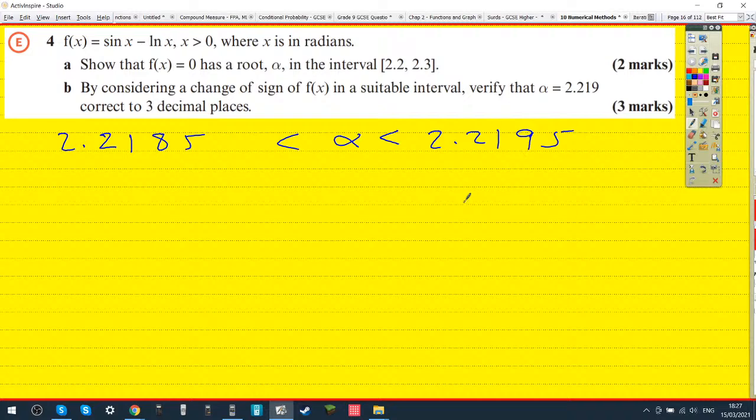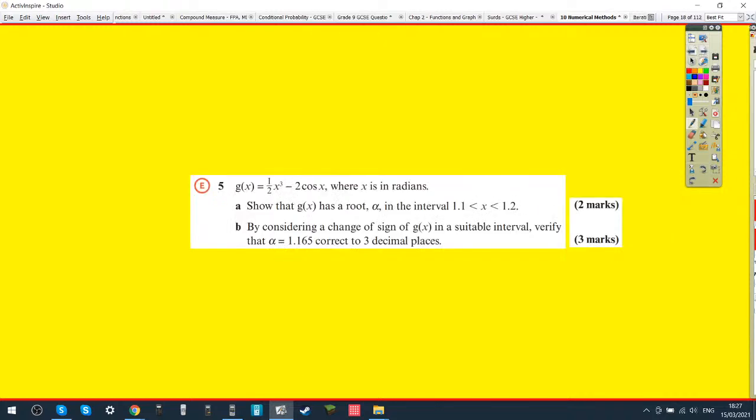You sub them in. There's a sign change. What else would you say? So yeah, negative and positive answer must have gone through 0, and so therefore alpha is 2.219 to 3 decimal places. Correct. Okay, that's good. You get the idea. Similar.